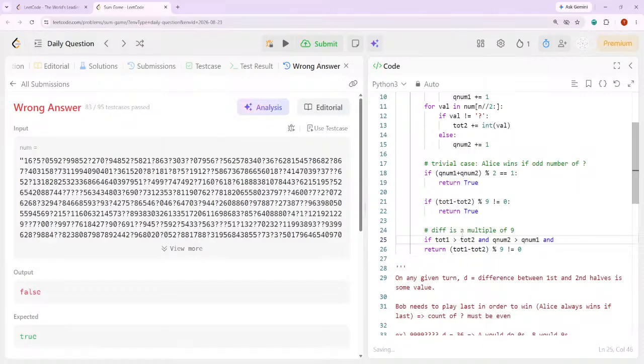And the number of excess question marks has to be equal to like the multiple of 9 it is. So q1 minus q2, the count times 9 has to equal the difference.